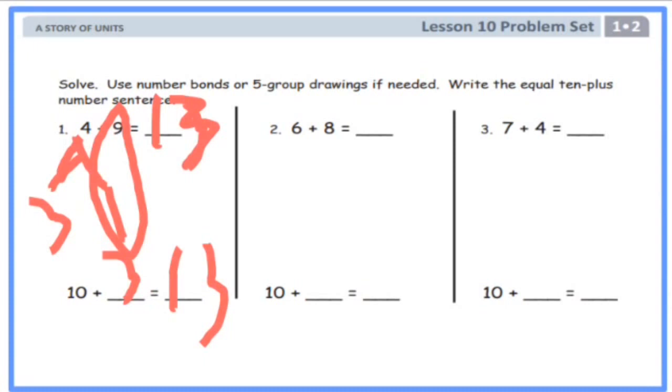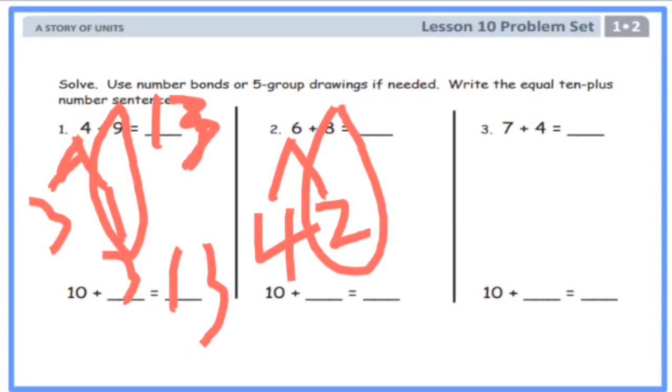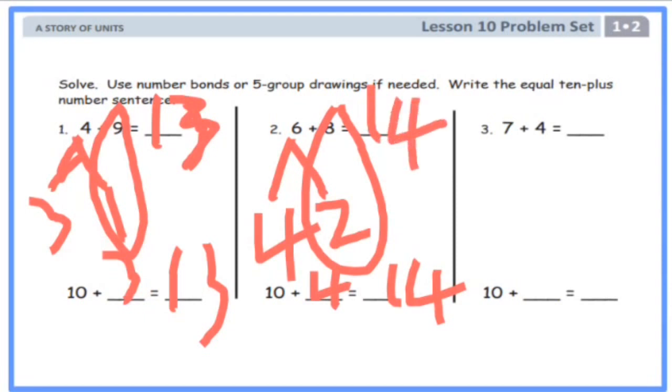Number 2 is 6 plus 8. I'll put my number bond under the smaller number, to give me smaller numbers to work with. So I have 2 and 4. You see that? So 8 and 2 makes 10. 10 plus 4 equals 14. I'll write my 14 here.